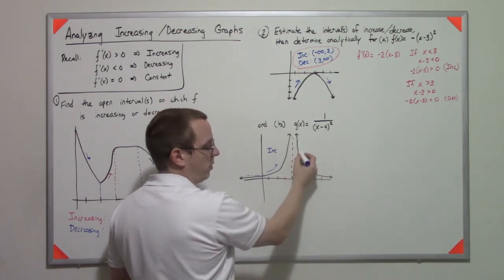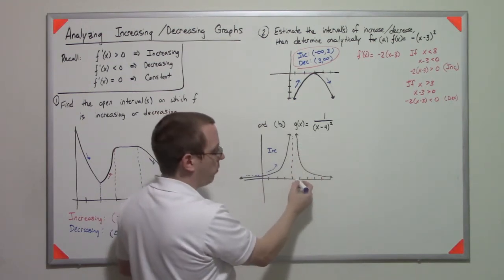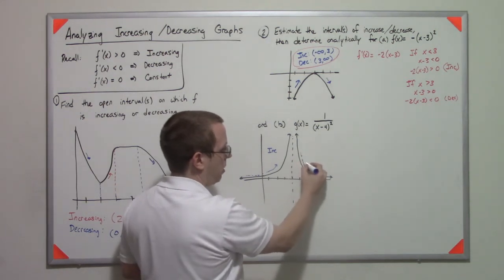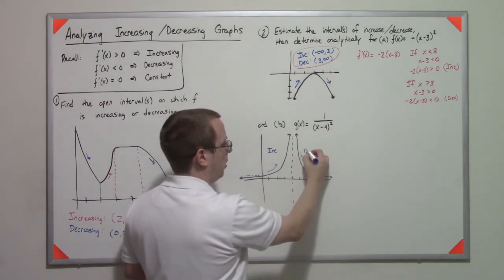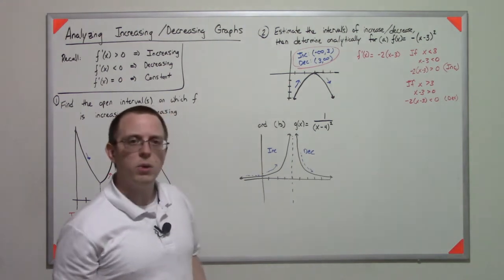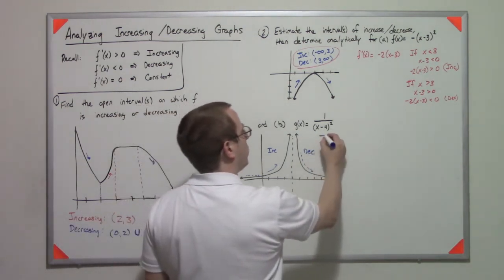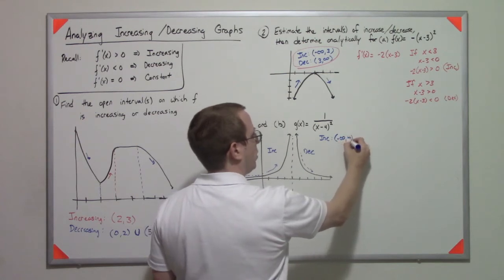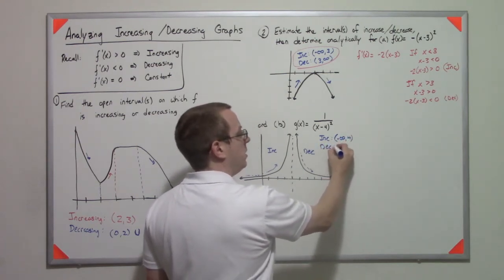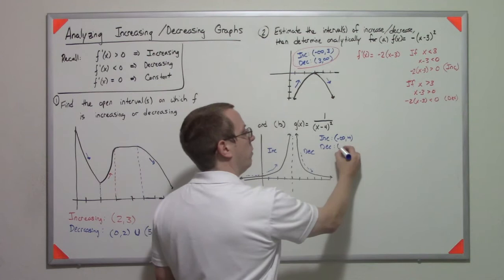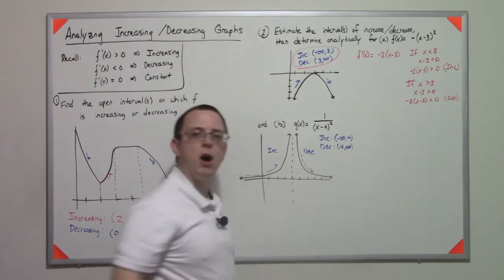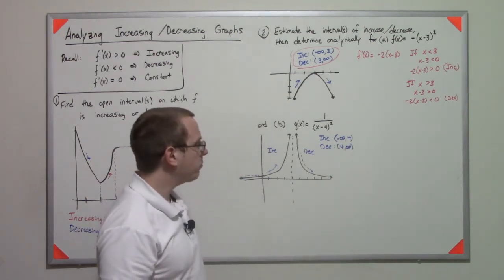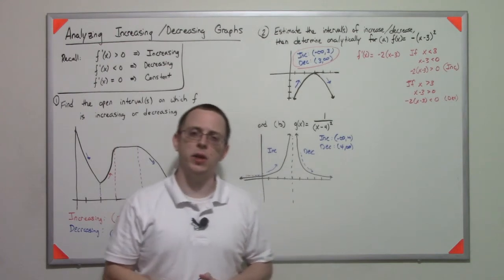And as the x values go from left to right, the function values here seem to be going downward, decreasing. So I would estimate that this function is increasing on negative infinity to positive 4 and decreasing on 4 to positive infinity. But we need to analytically look at that.